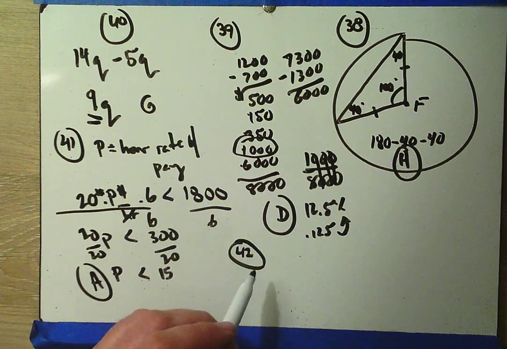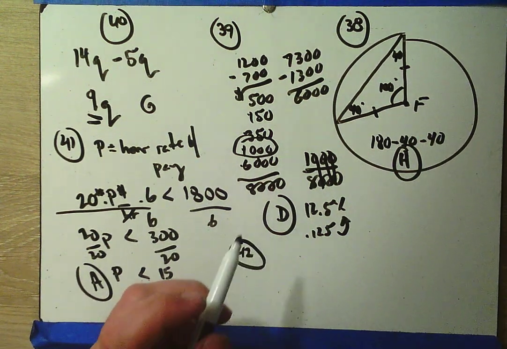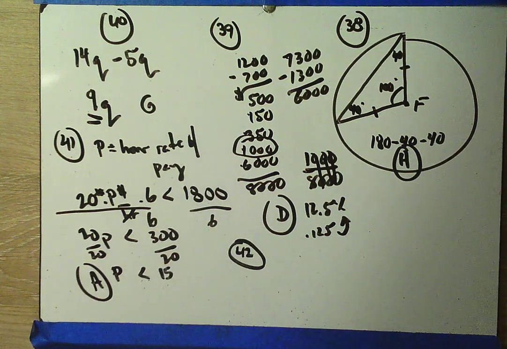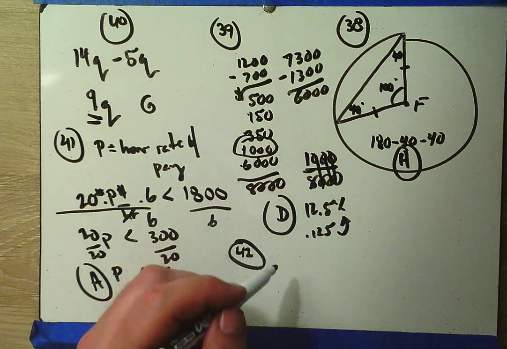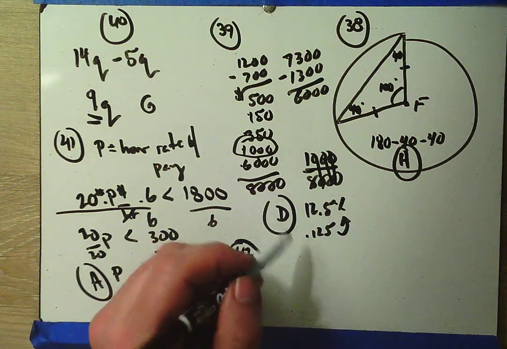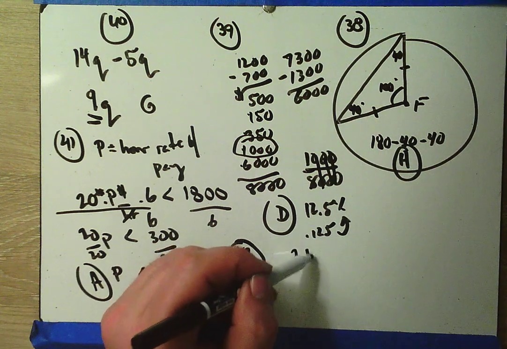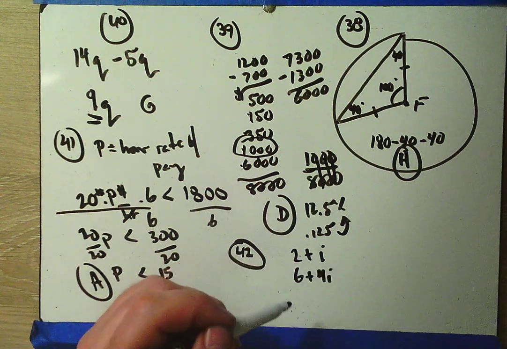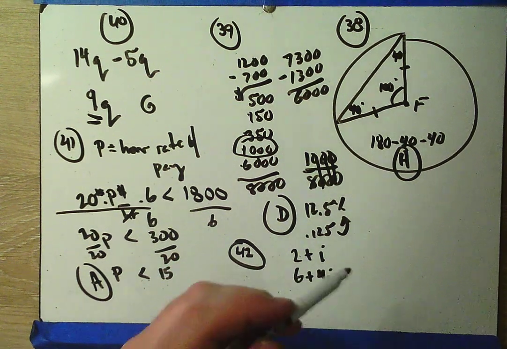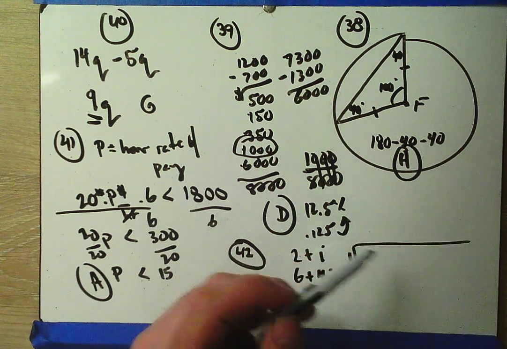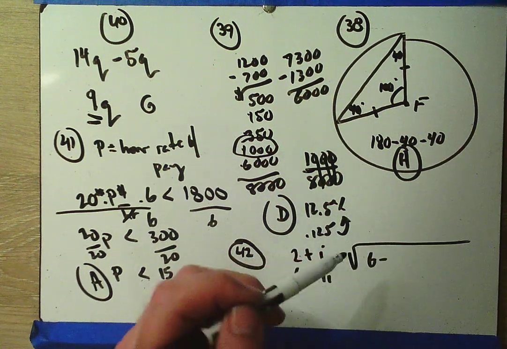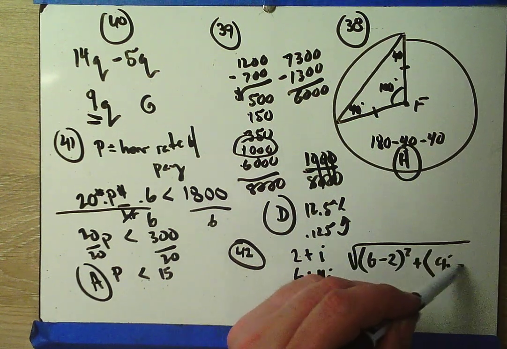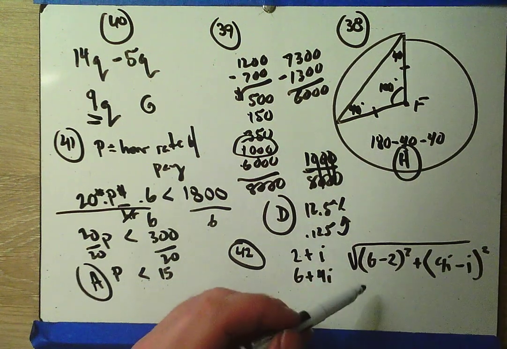42. I didn't count 42 when I scored yours, but 42 would be finding the distance between these two. We're going to use the Pythagorean theorem, 2 plus i and 6 plus 4i. I'm going to use the distance formula, square root of 6 minus 2 squared plus 4i minus i squared.